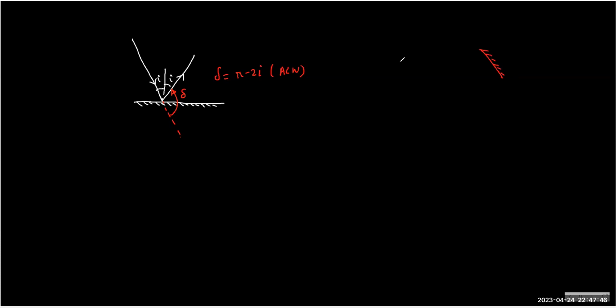So when a light ray is coming like this, and if this is the normal, what is the total deviation here?